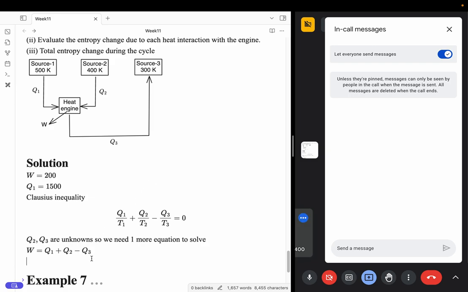So we have these two equations, you can solve, and maybe you can tell me what is Q2 and Q3. So you know work done is 200, Q1 is 1500, so you can substitute that.